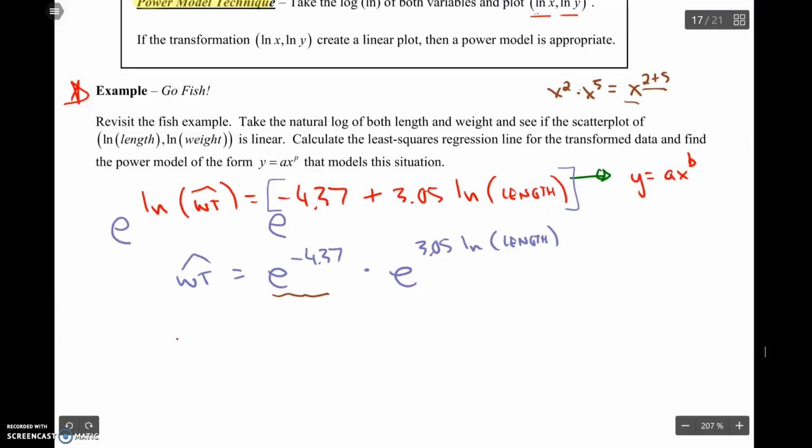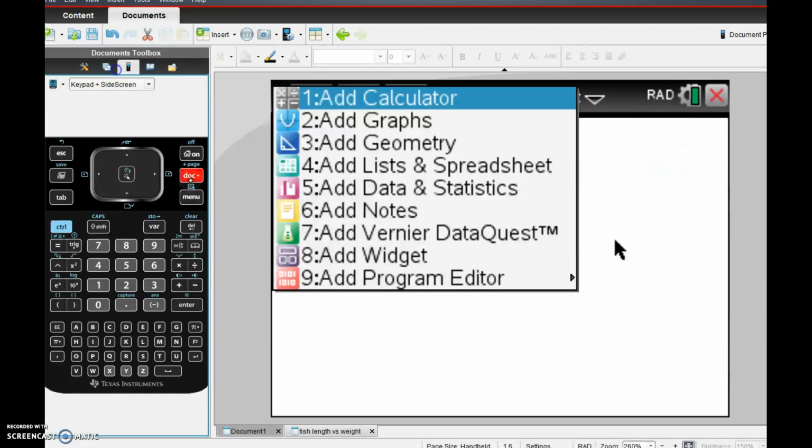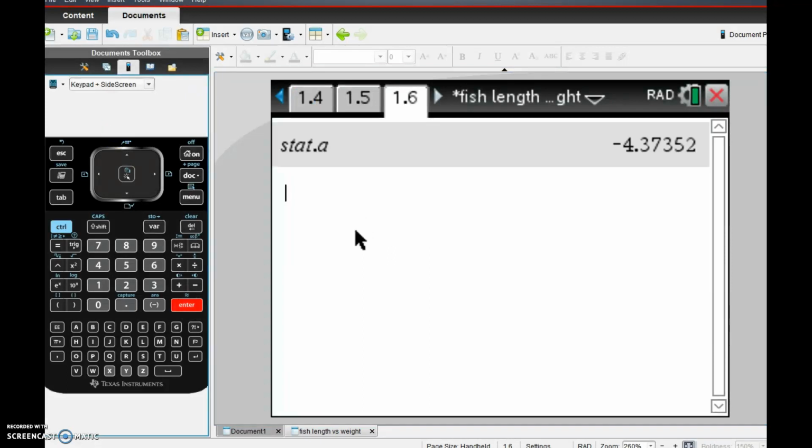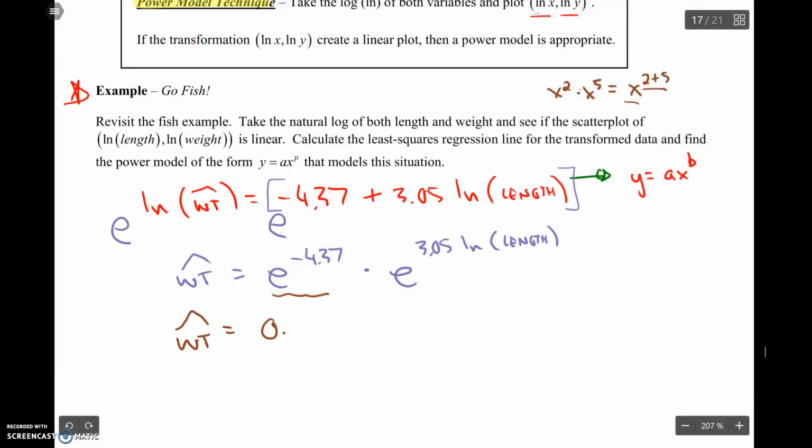This is just a number. So let's write down that number, e to the negative 4.37. If I hit vars, stat, a, so if I take e to that number, I get 0.0126. Now here, I want this e to undo this logarithm, but I can't do that with this coefficient.